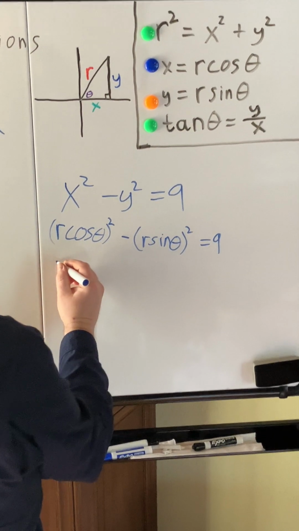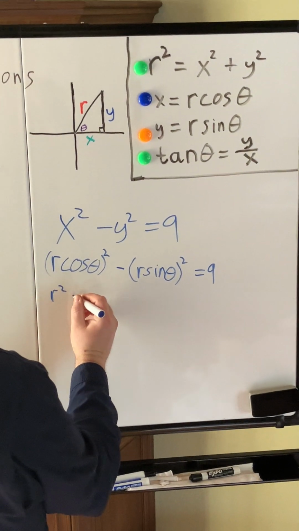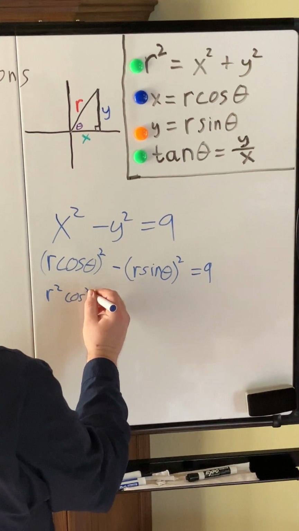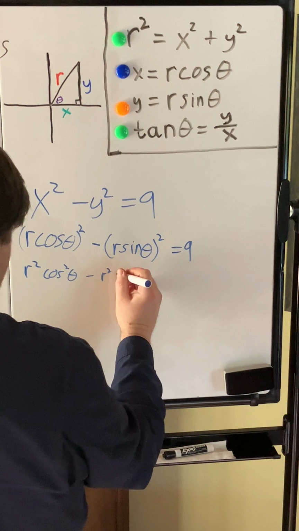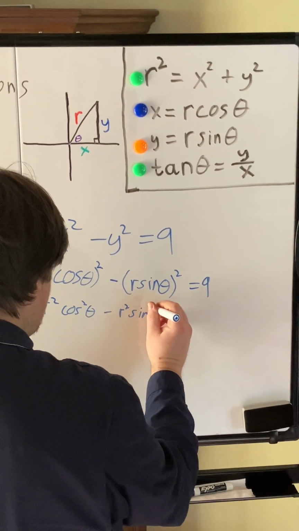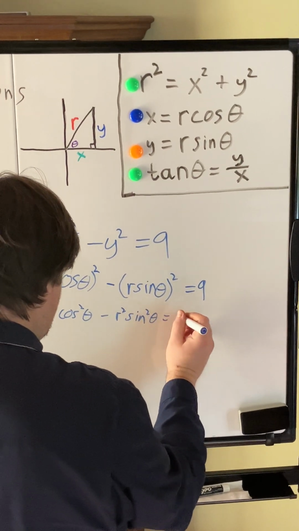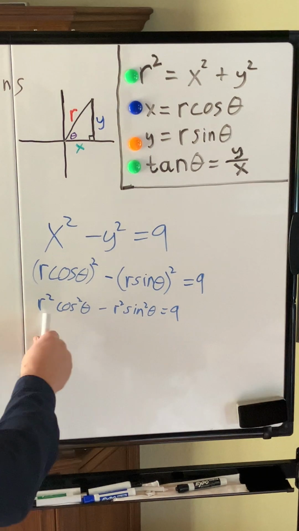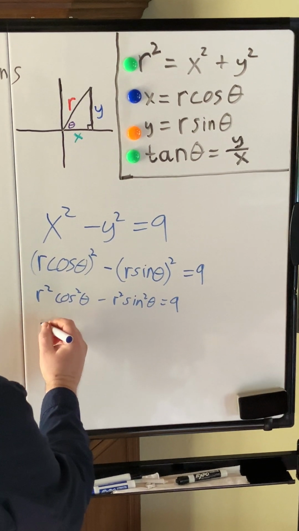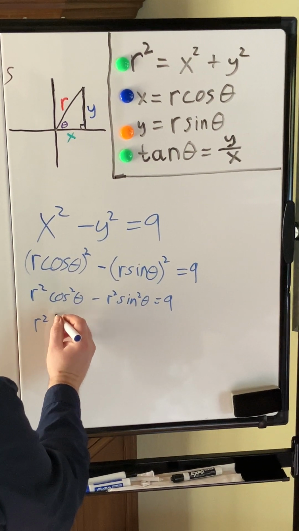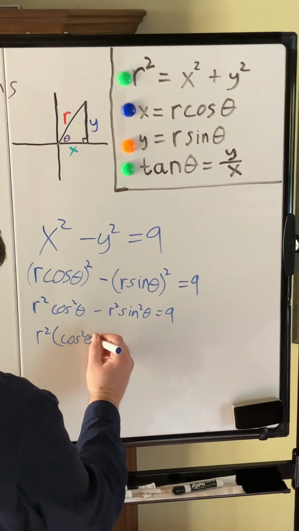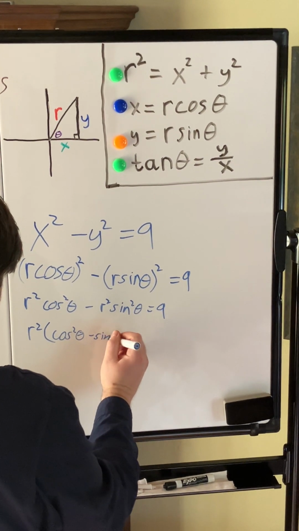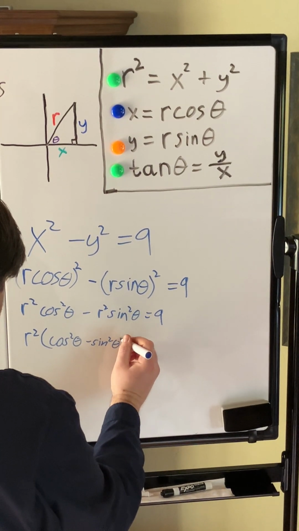Now, this can be written as r squared cosine squared minus r squared sine squared. And what we can do now is factor out the r squared. And we're left with cosine squared theta minus sine squared theta.